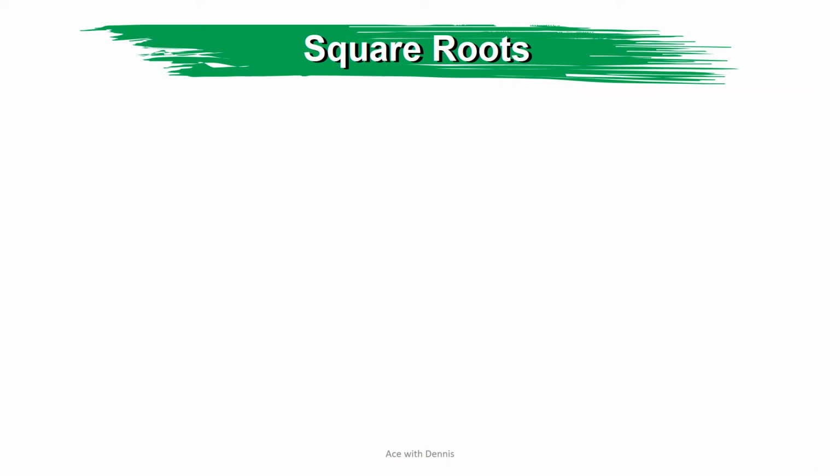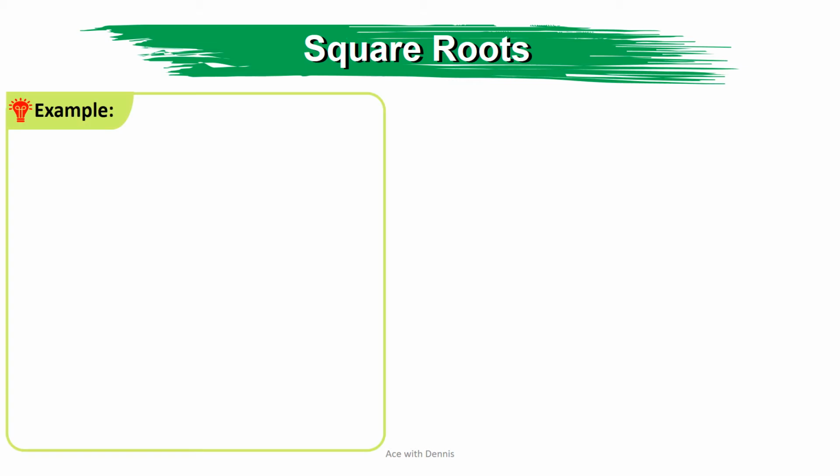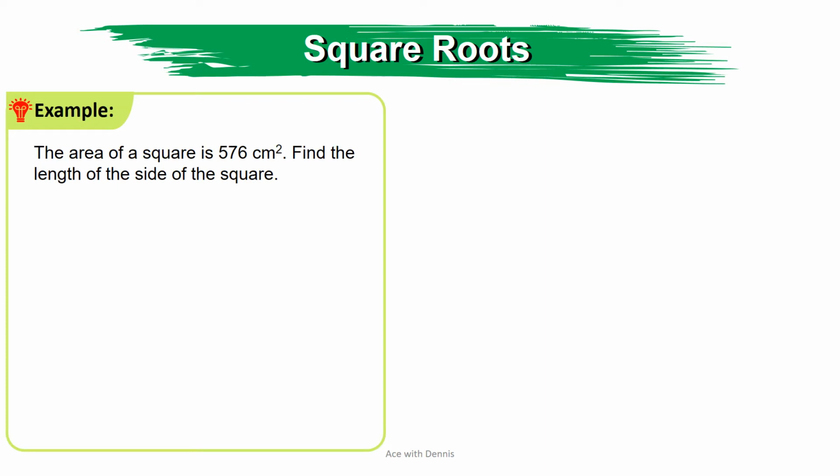Now, let's see one example of word problem related to square roots. Here is the question. The area of a square is 576 centimeters square. Find the length of the side of the square. Here is the solution. We know that the area of a square equals length multiplied by length.